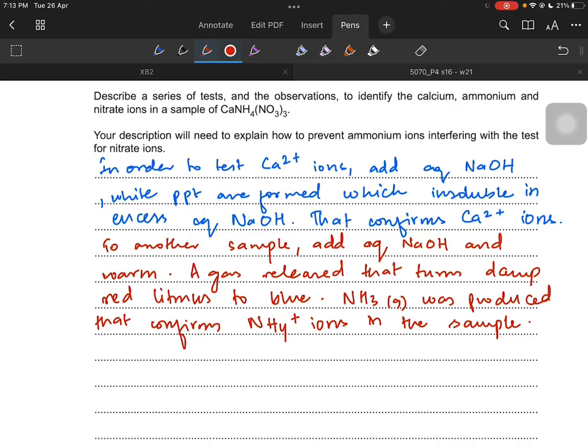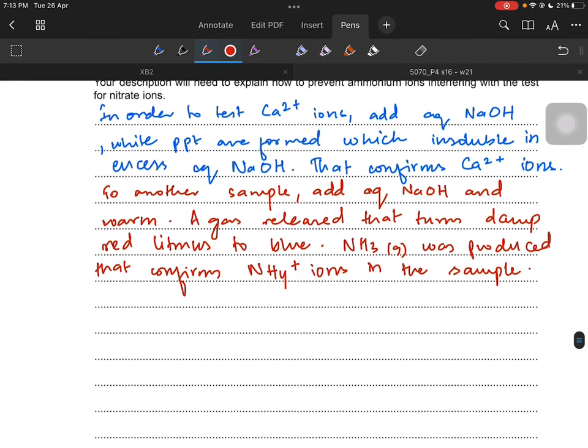And once we can confirm that all the ammonia has been released, only then we add the aluminium. So currently we have sodium hydroxide and ammonia is being produced. So we can continue heating and allow the release of ammonia gas.